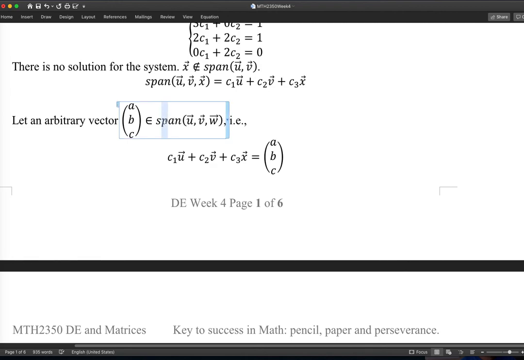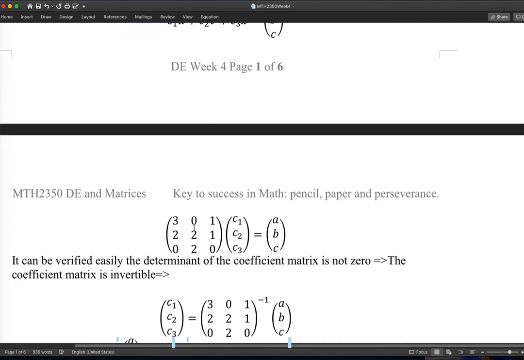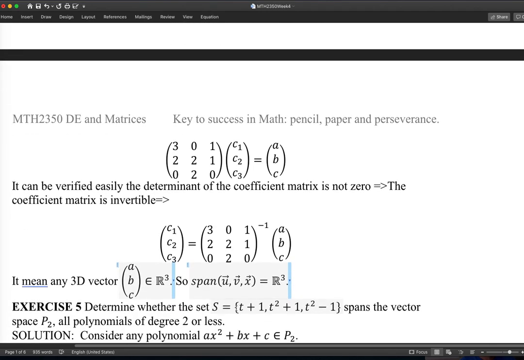Any vector in the three-dimensional space, we can always find that vector in the span of u, v, x. So indeed, the conclusion here is that the span of u, v, x is the entire three-dimensional vector space.